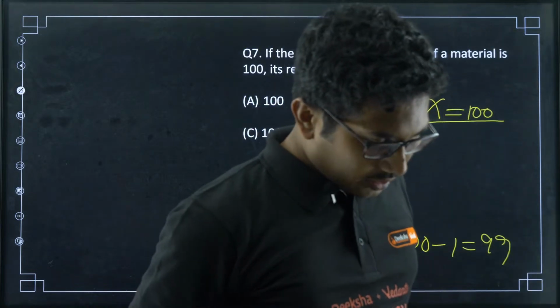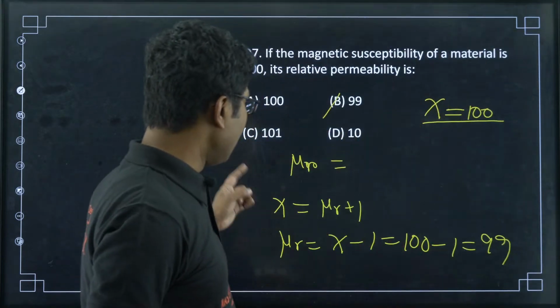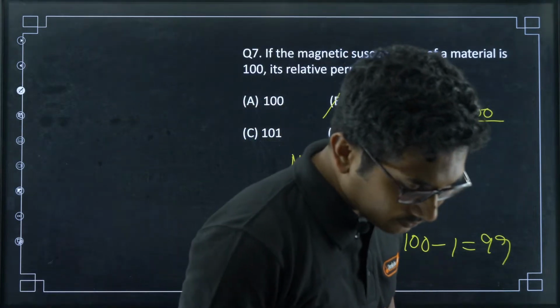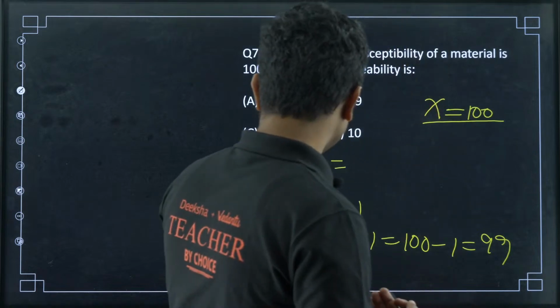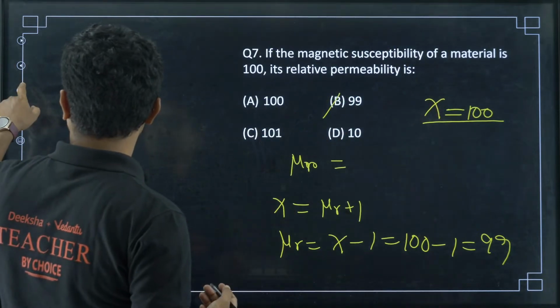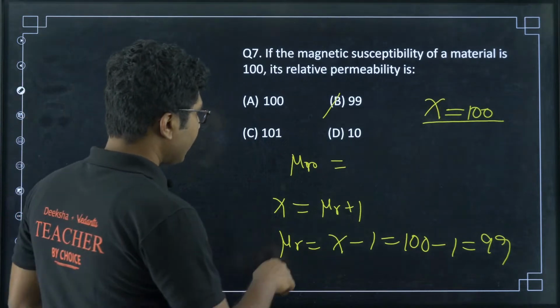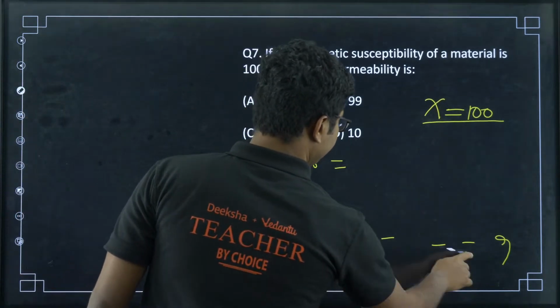Yes. No, it is 100. Mu is equal to 1 plus chi. Okay, I will check it. Why am I saying mu is equal to chi plus 1?